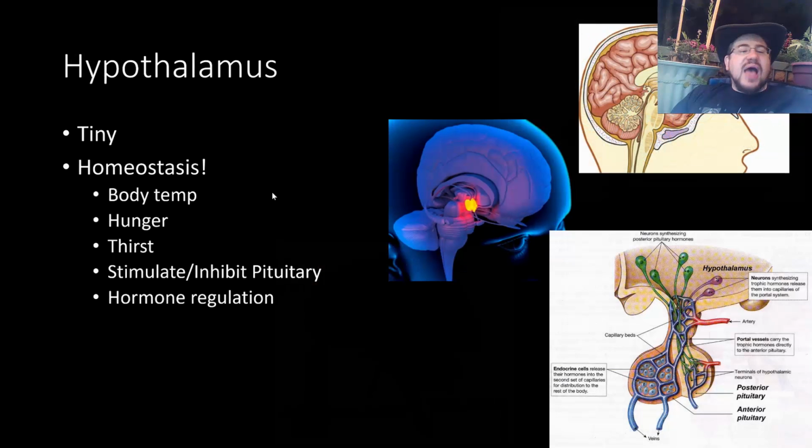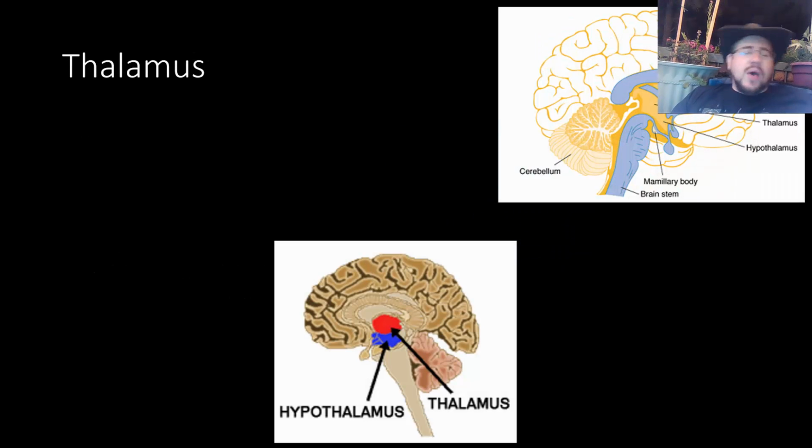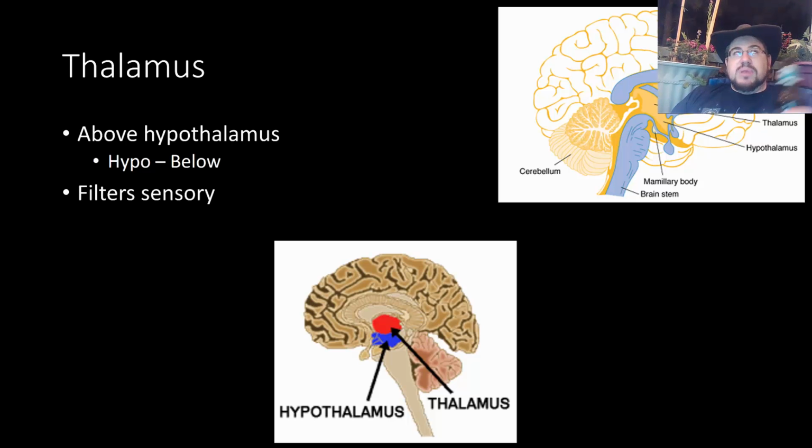Then we have the thalamus. Hypo is Latin or Greek for what now? Yes, below. That is correct. So hypothalamus is below the thalamus. So the thalamus is above the hypothalamus. Hypo below, so it's the below thalamus. The thalamus has the enviable job of filtering the sensory information you get all the time.